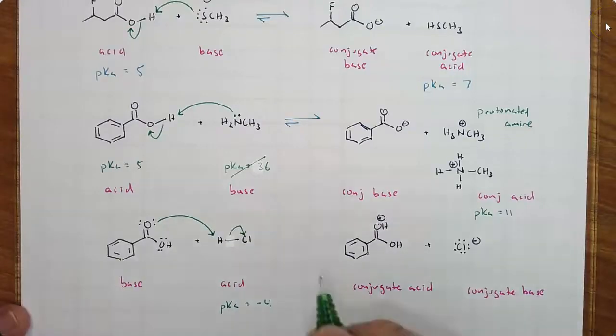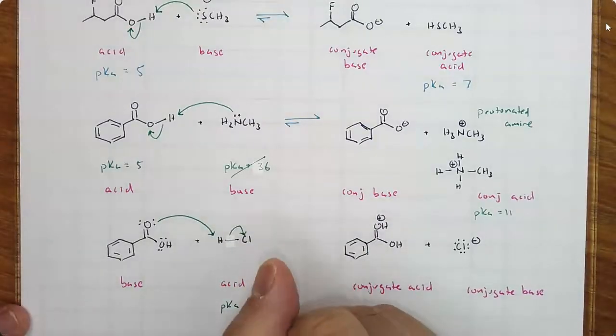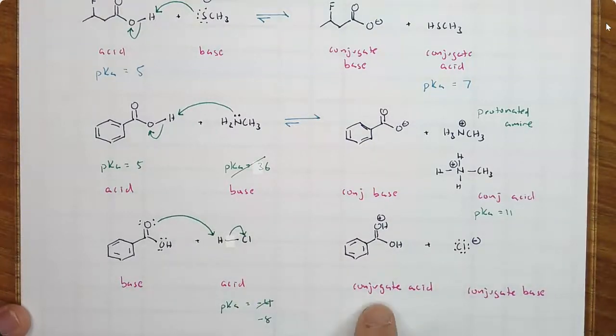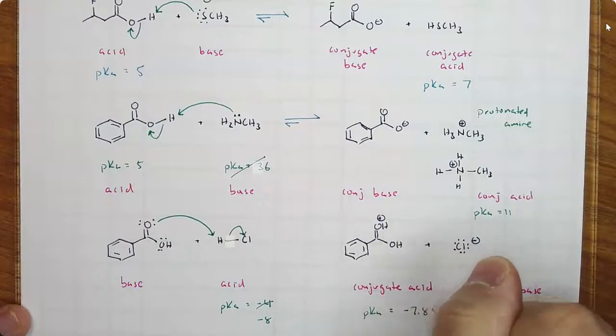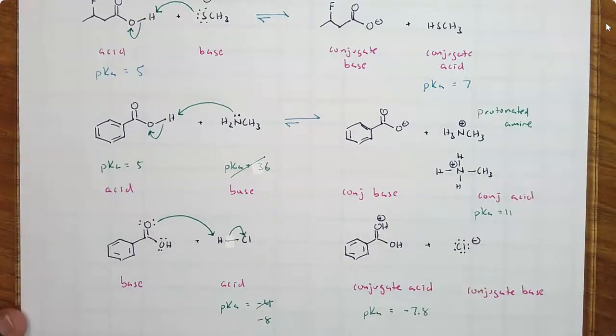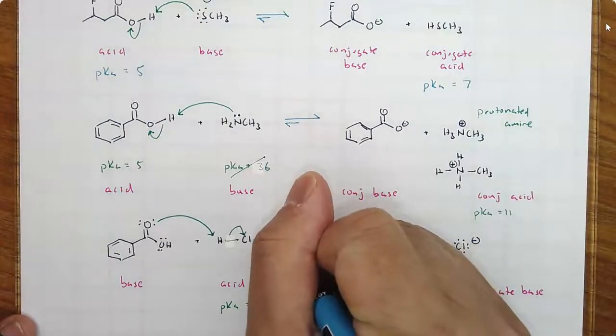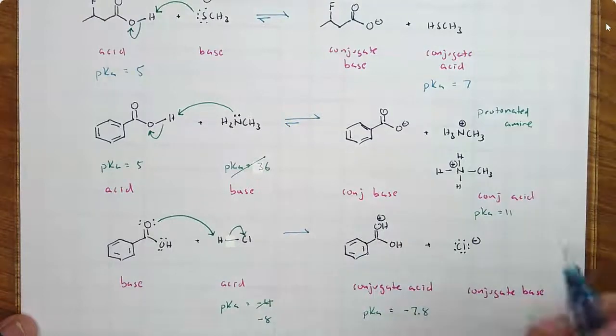Let me revise this, and I'm going to put here -8. And for this conjugate acid, I'm going to say pKa equals -7.8. Very interesting. Depending on the pKa table, it may actually switch. But in this case, that's the weaker acid by barely a little bit. But I'm going to follow my rules. Equilibrium favors the weaker acid.